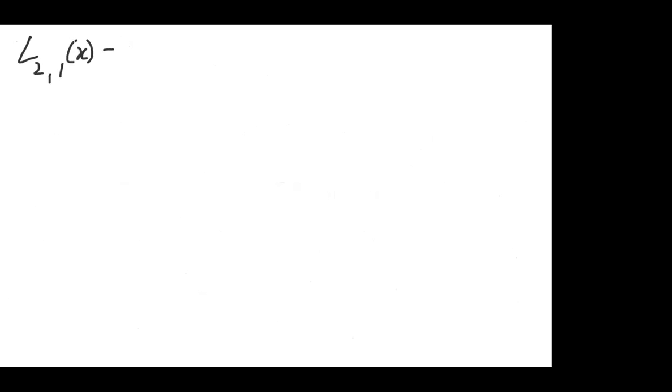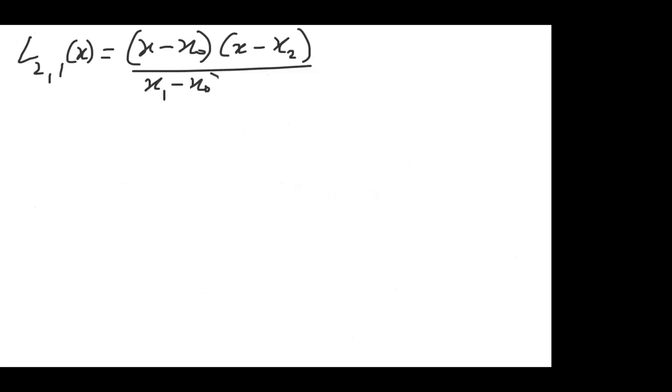So L21 of x will be equal to what? In the numerator, we're going to have x minus x0 now, because k is equal to 1. And then I'm going to have x minus x2 here, right? And then I will evaluate this numerator at x1. So it will be x1 minus x0, then times x1 minus x2. So we can substitute values now. We have x minus x0 is x minus 2, then x minus x2 is x minus 4.